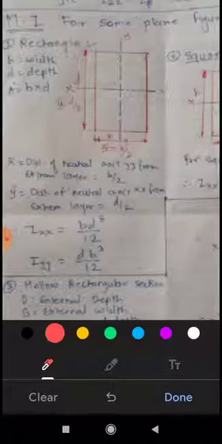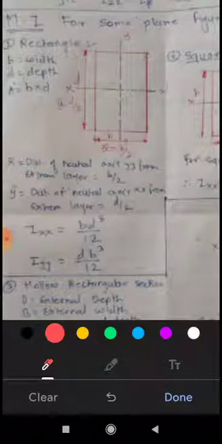What is neutral axis? If the figure is uniformly loaded, then the axis or plane on which there will be no compression or no elongation is called the neutral axis. So this is the definition of neutral axis.